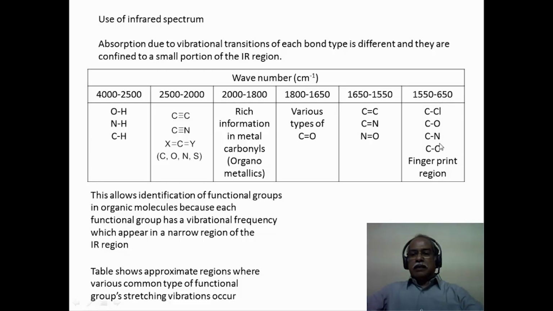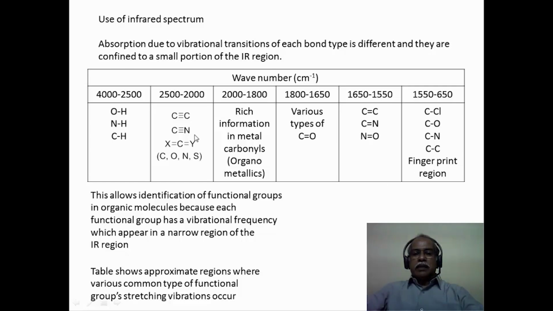One does not analyze this region in a very detailed manner, except to look for some familiar stretching frequencies like the CCl, CO and CN stretching frequency. One does not look for CC stretching frequency in this region because invariably organic compounds are going to have CC stretching frequencies, and it is probably too complicated to analyze this region for a CC stretching frequency.